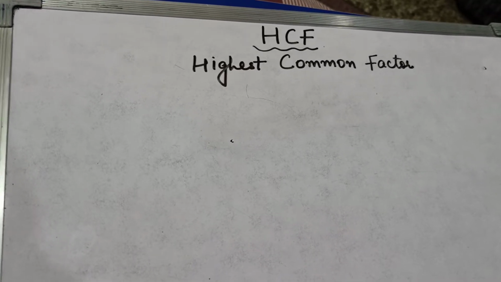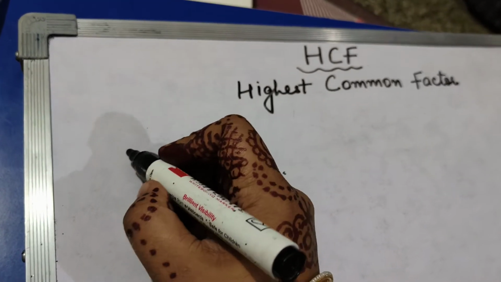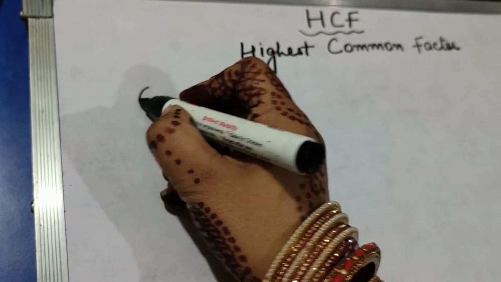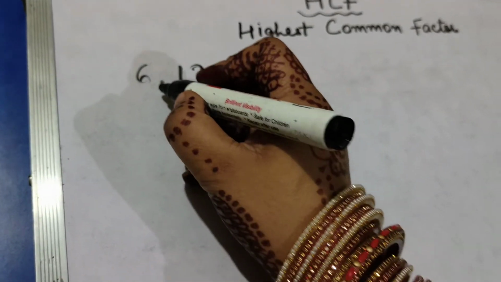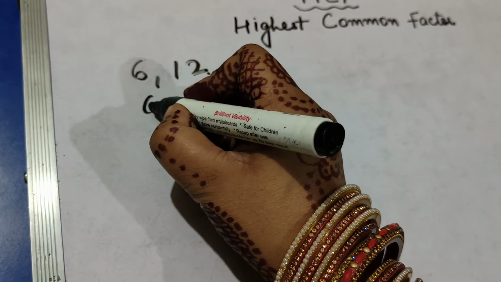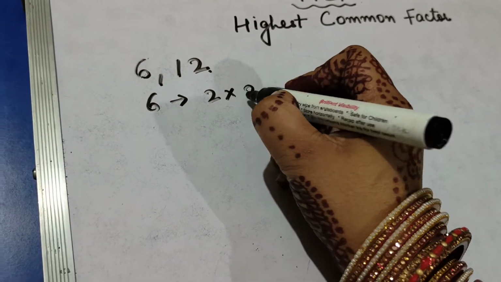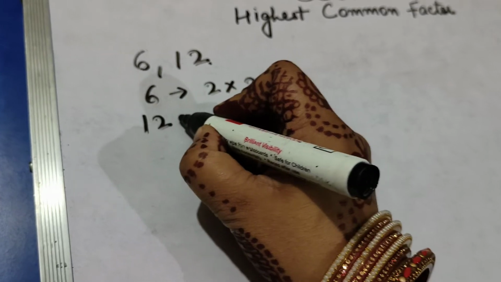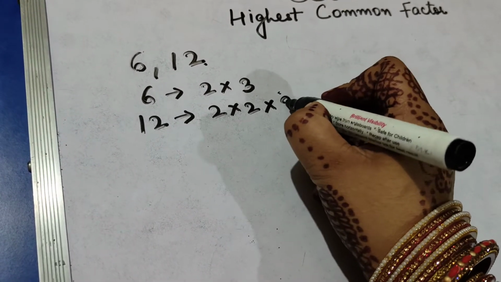You all find the HCF with the usual method. Let's take one example, 6 and 12. What are the factors of 6? 2 into 3. The factors of 12 are 2 into 2 into 3.